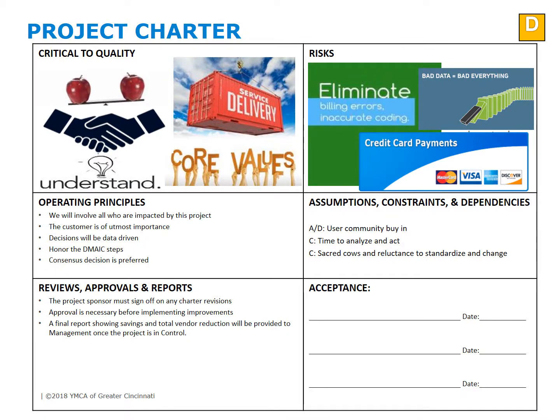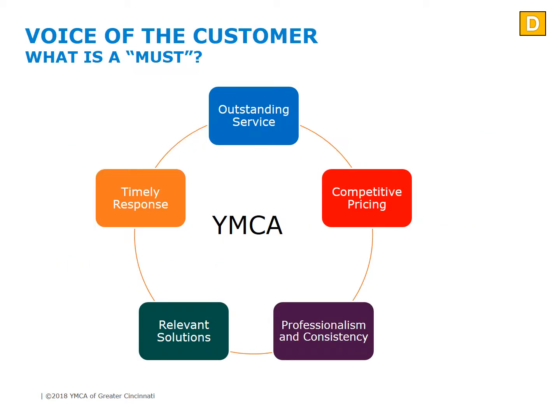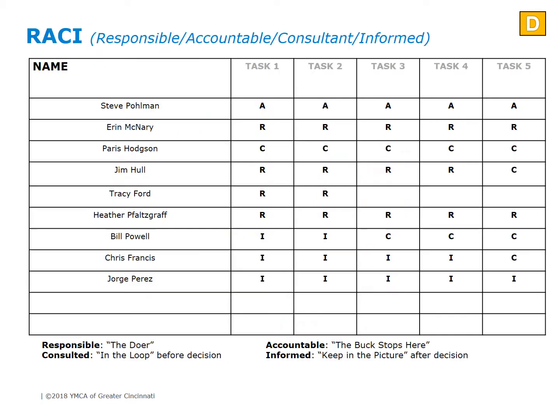Critical to quality characteristics were identified to make sure we are always keeping the customer expectations in mind. Voice of the customer, or VOC, was also documented for clarity. The RACI chart shows members of the project team and who was responsible, accountable, consulted, and informed.